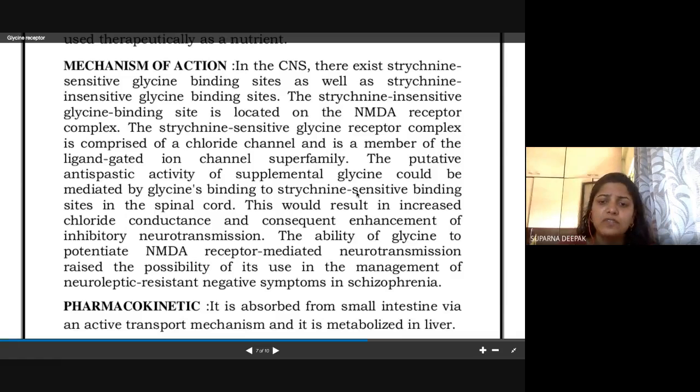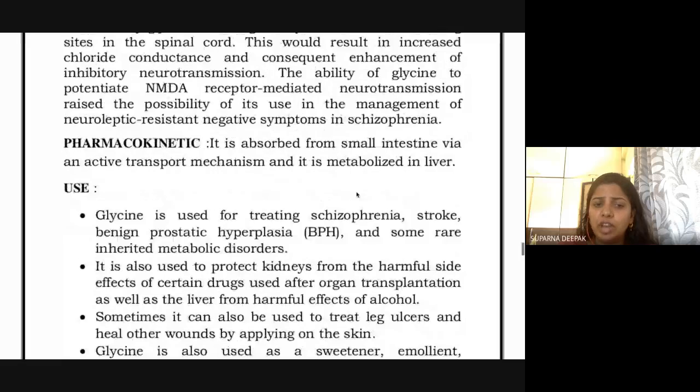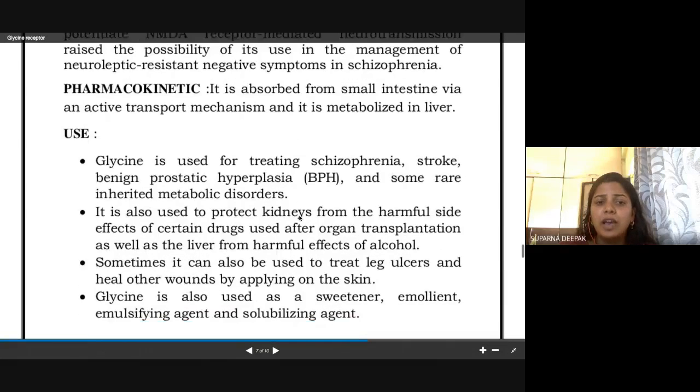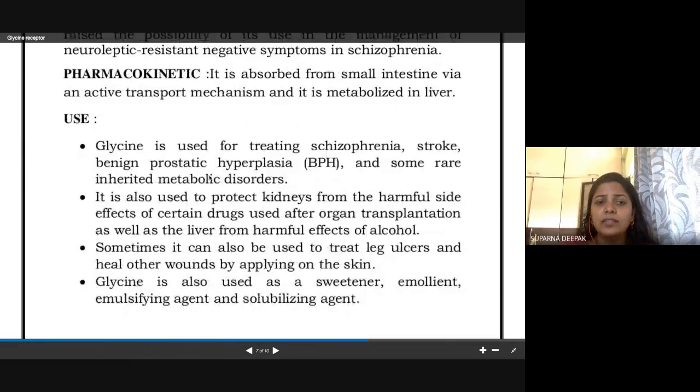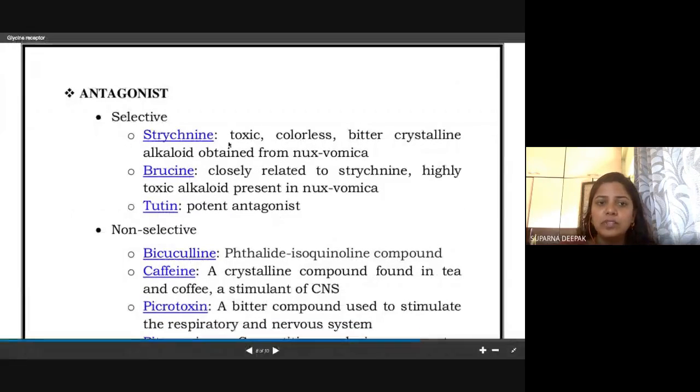There are many studies which have shown that these neurotransmitters could be involved in schizophrenia also. Hence it is used in the treatment of schizophrenia, stroke, benign prostatic hyperplasia and some other metabolic disorders. That's the major use you can have of glycine with respect to these neurotransmitters.